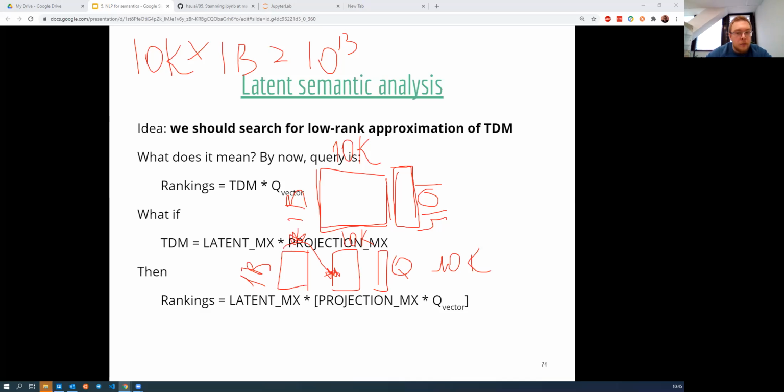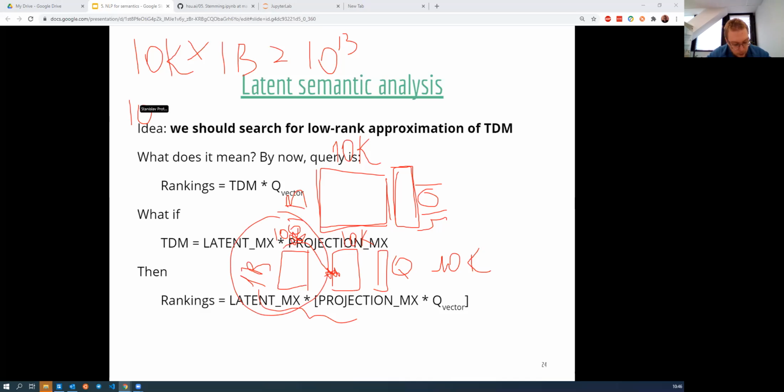Maybe you can run some kind of search or whatever. But let's say this number is now 1,000 or 100. So the dimensionality of our latent space is 100. So now to store this matrix, we need 1 billion by 100.